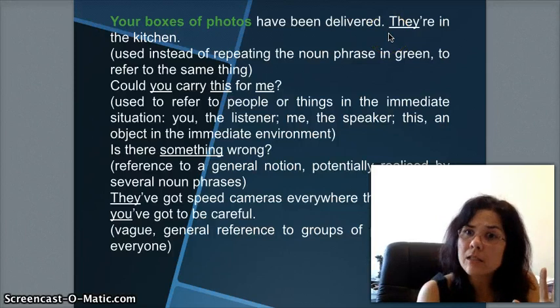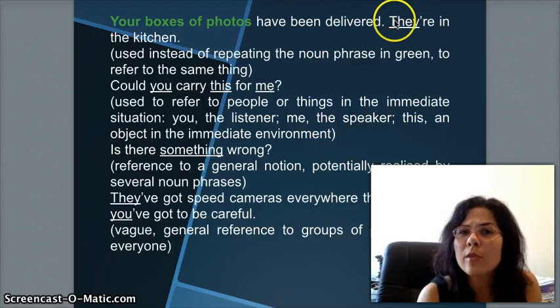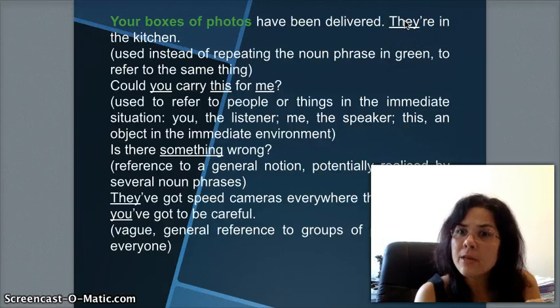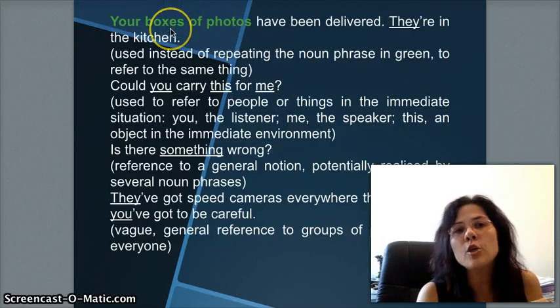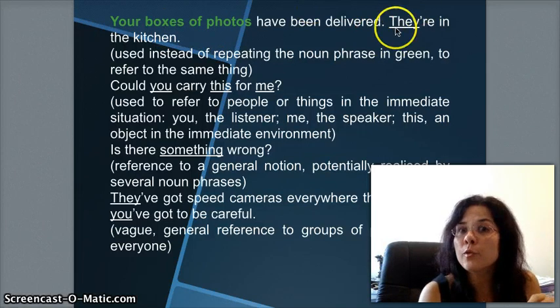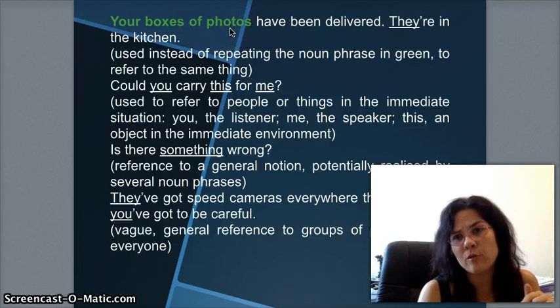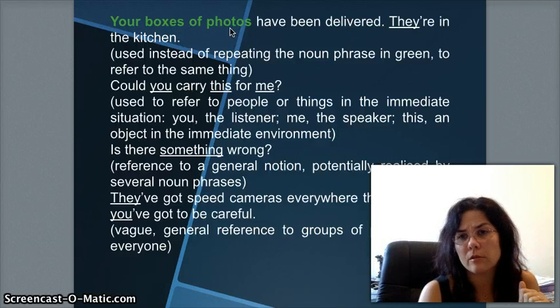The second clause, they're there in the kitchen, we have the pronoun they. And the pronoun they refers back to the noun phrase your boxes of photos. So we used they to substitute for your boxes of photos, to replace your boxes of photos.